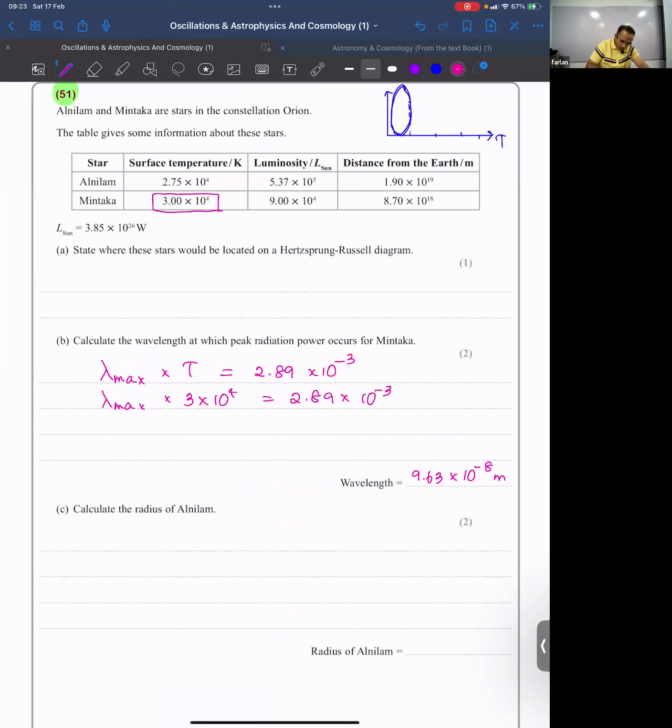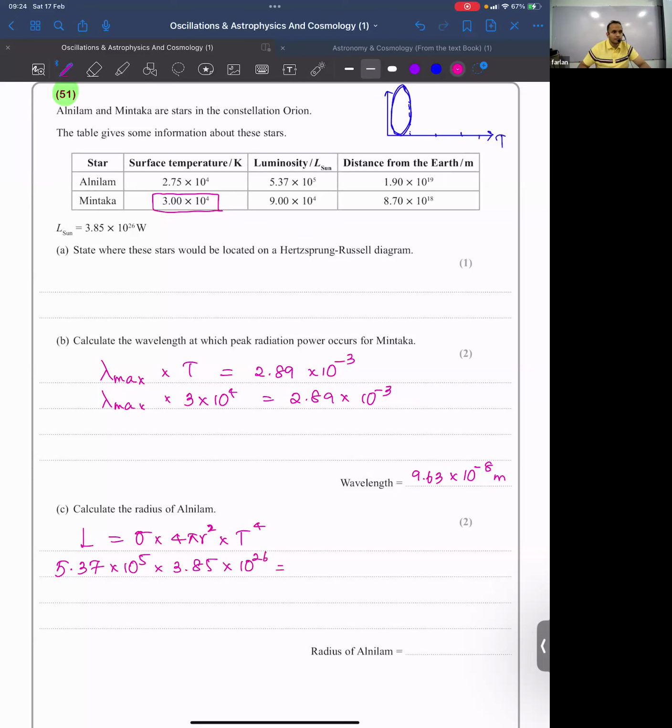We can use luminosity equals sigma 4 pi R square into T to the power 4. Correct? What law is this? Stefan Boltzmann law. So the luminosity of aluminum is given 5.37 into 10 to the power 5 into the luminosity of the sun, which is 3.85 into 10 to the power 26.